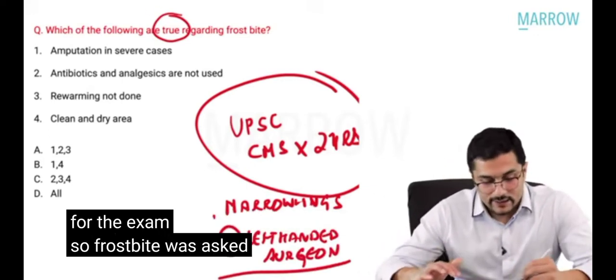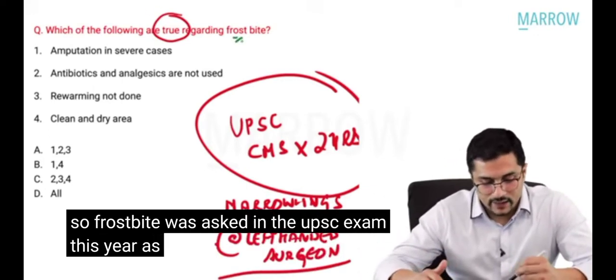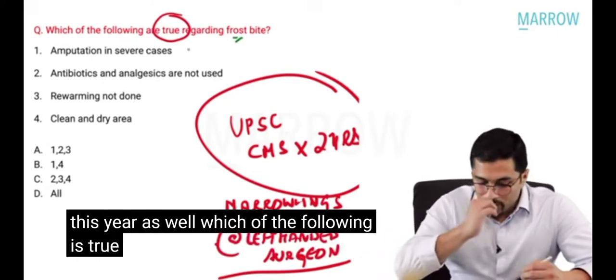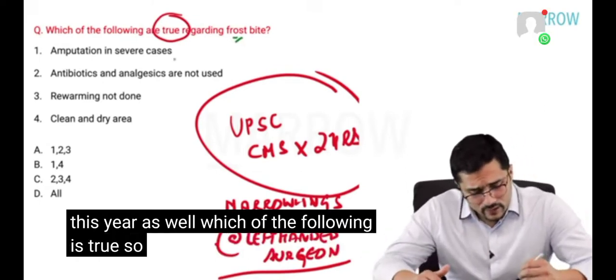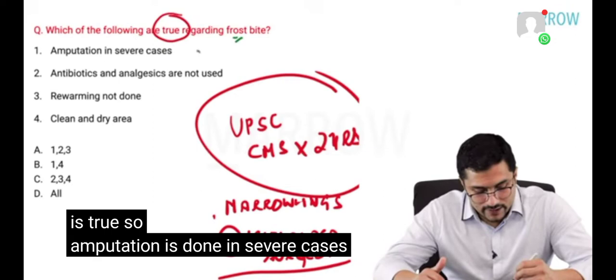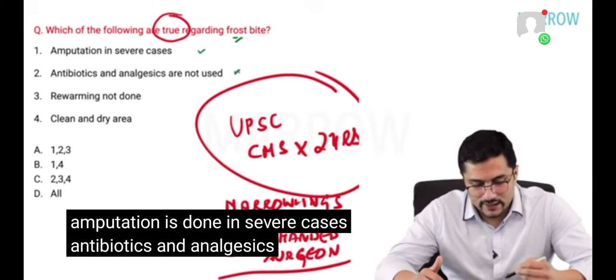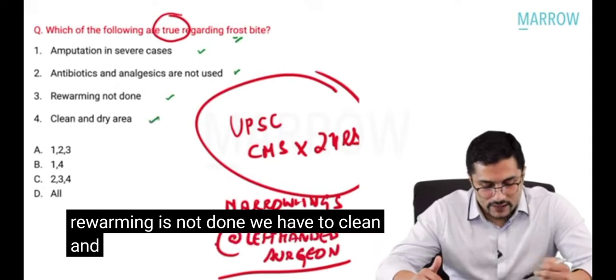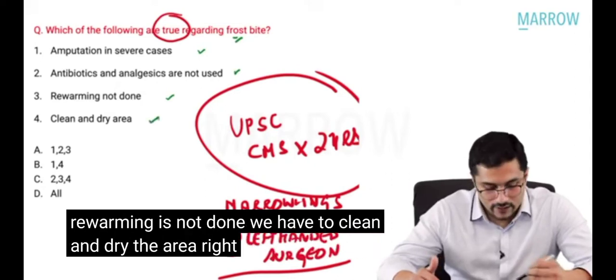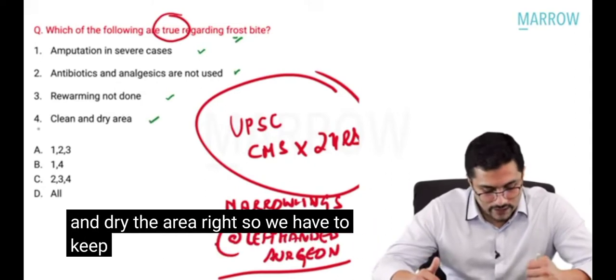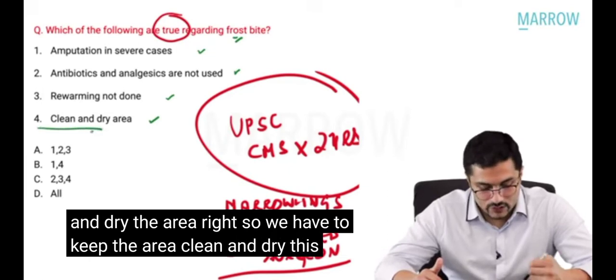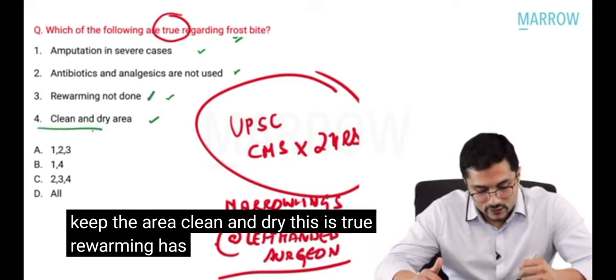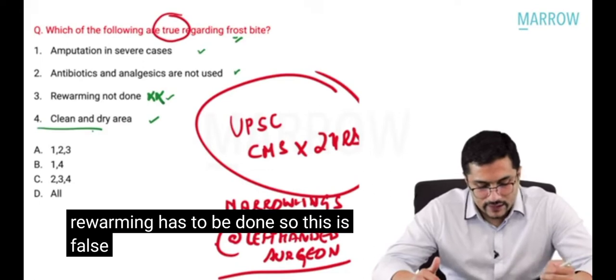Frostbite was asked in the UPSC exam this year as well. Which of the following is true? Amputation is done in severe cases, antibiotics and analgesics are not used, rewarming is not done, we have to keep the area clean and dry. So, we have to keep the area clean and dry, this is true. Rewarming has to be done, so this is false.